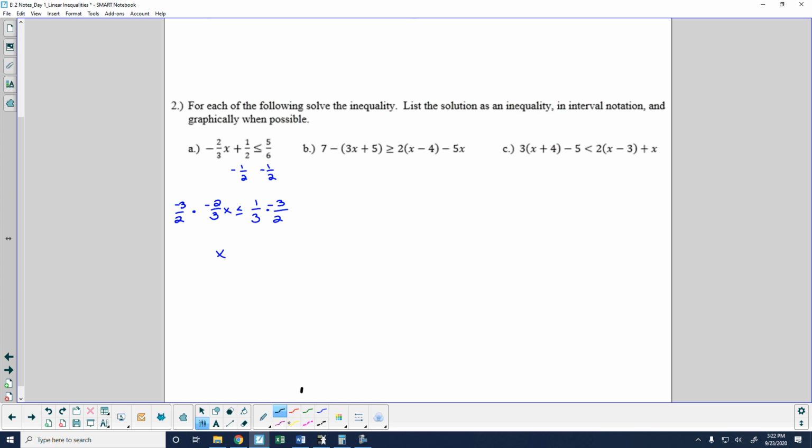Now, one thing I need to make sure of is that in this instance, I am multiplying both sides by a negative number, so I need to switch my inequality. It's going to be greater than or equal to. As I multiply 1/3 by negative 3/2, I come up with negative 1/2. And so this would be my solution: x is greater than or equal to negative 1/2.